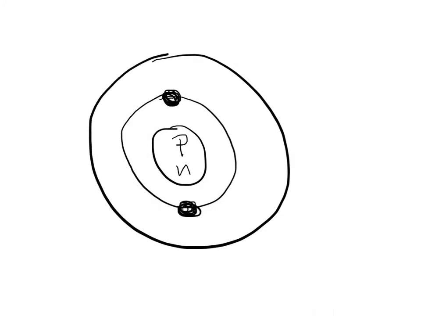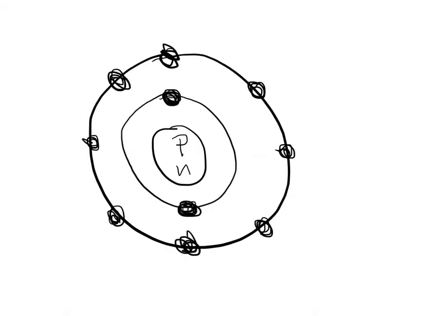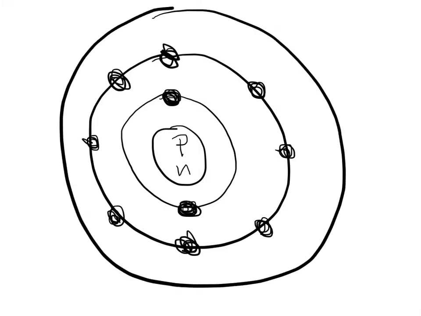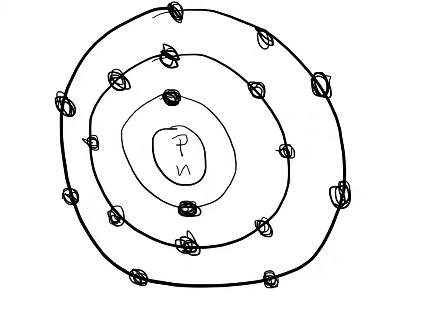But this also has a limitation. This can only hold up to 8 electrons. And once you have filled up the next energy level, or the next shell or orbital, with 8 electrons, if you have even more electrons to put on, then you need to add yet another energy level. And this one can hold up to 8 electrons. And if you have even more to put on, then you can just add another one and another one and another one.